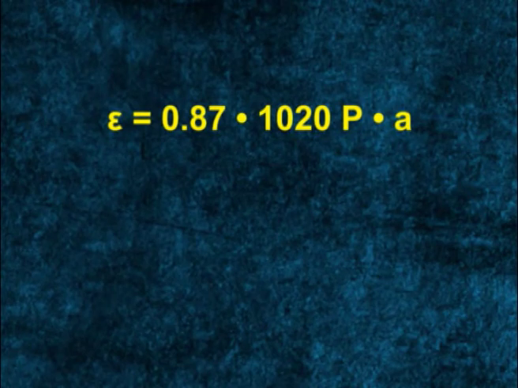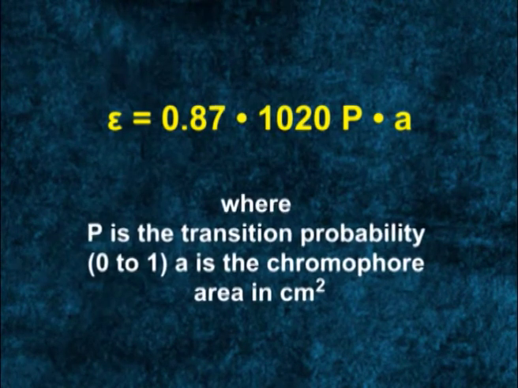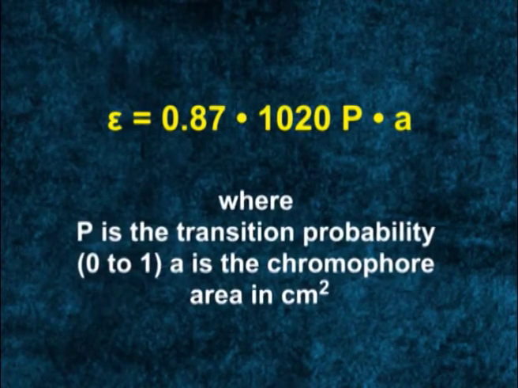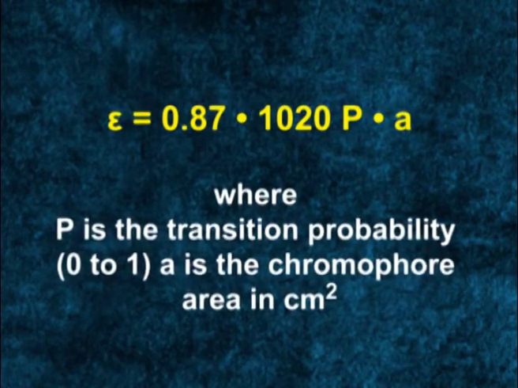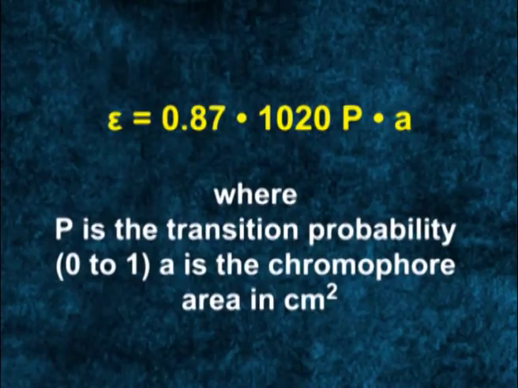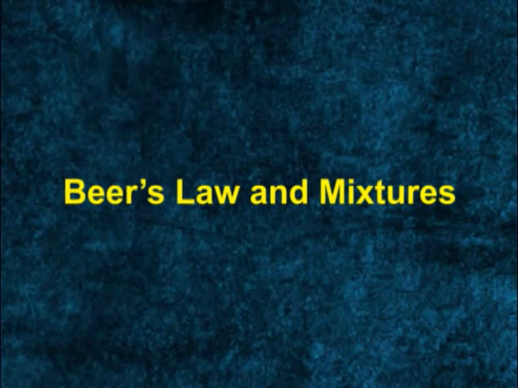Epsilon is equal to 0.87 into 10 to the power 20 P into A, where P is the transition probability, 0 to 1, and A is the chromophore area in centimeter square. The factors that influence transition probabilities are selection rules, and the peaks with low epsilon values arise from transitions which are formally forbidden. Beer's law and mixtures.